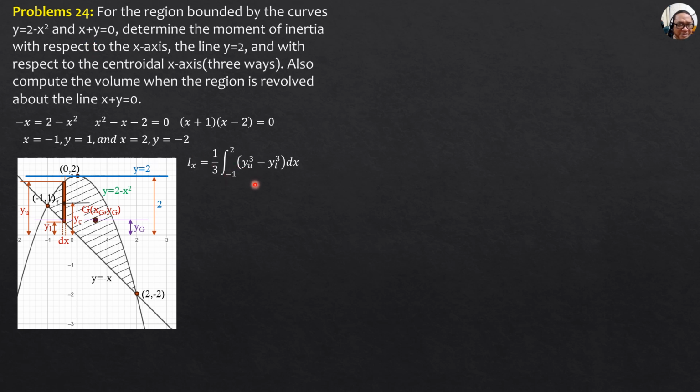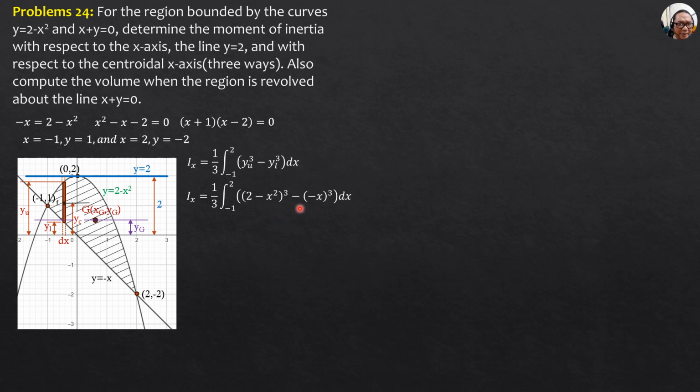So substitute, from negative 1 to 2, 1/3 times the quantity 2 minus x squared, cubed, minus the quantity negative x, cubed, the y of the line. This is calculator aided.